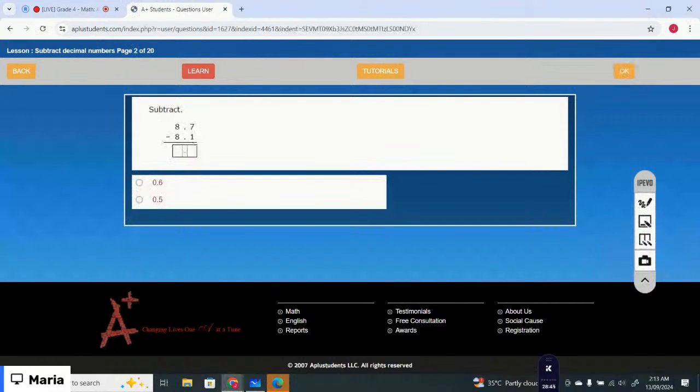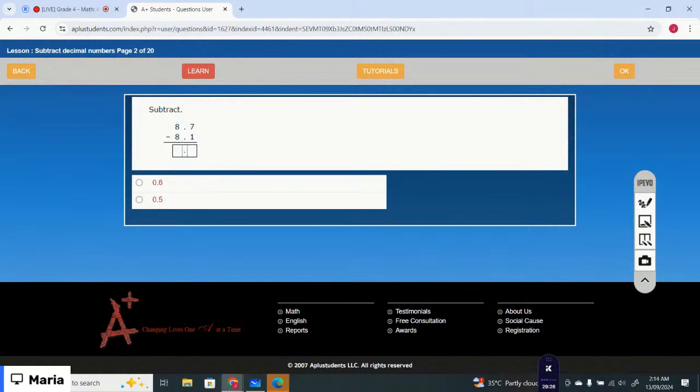The next one is 8.7 take away 8.1. So which is the correct option? That is 0.6.